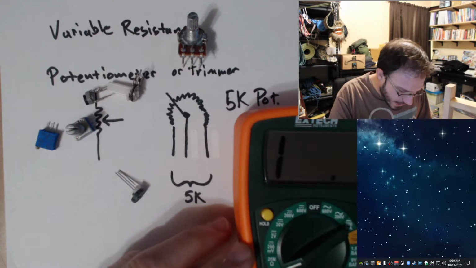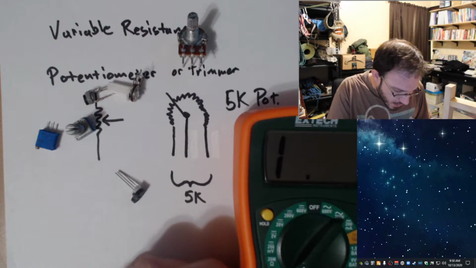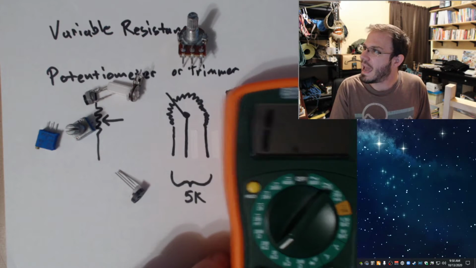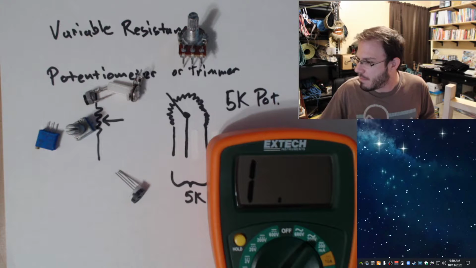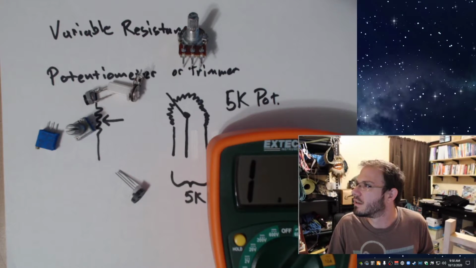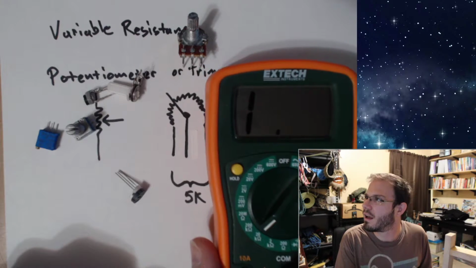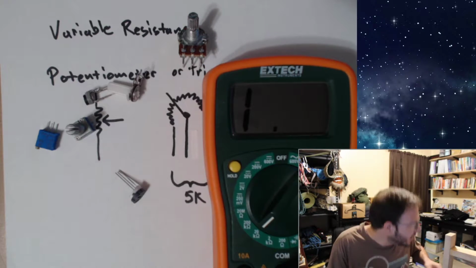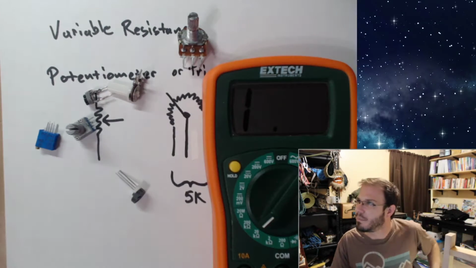Let's go ahead and set this. It's a 5K pot, so I need to put this to the 20K range over here. In fact, now it might make more sense to put my picture down there. Okay, and we can see, and I need a little better lighting. That did not make that much difference.